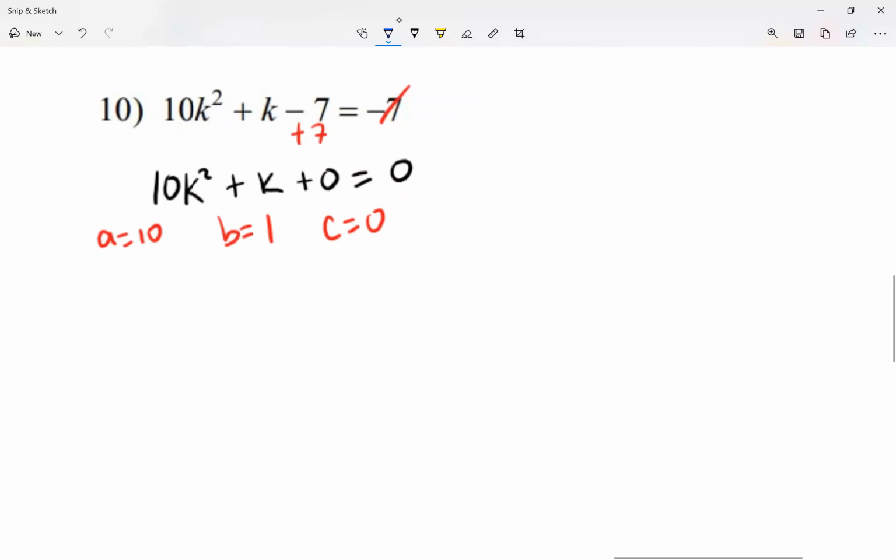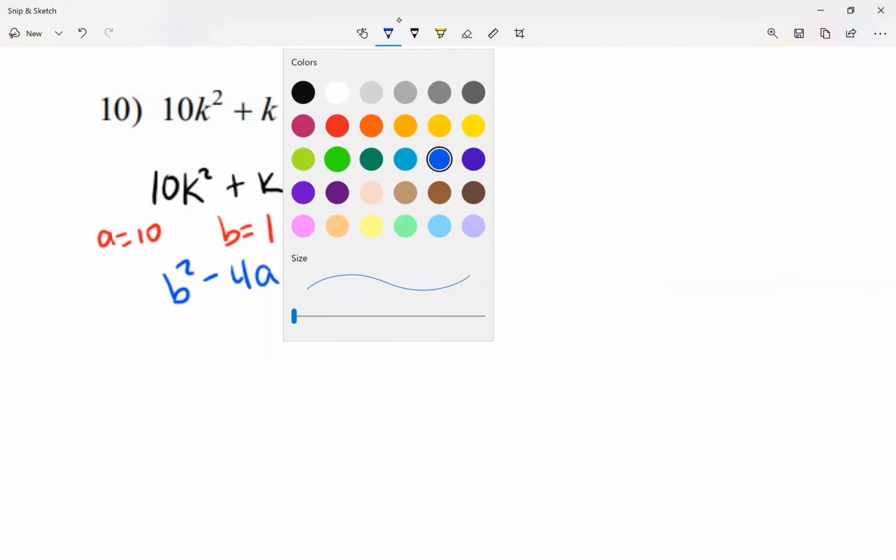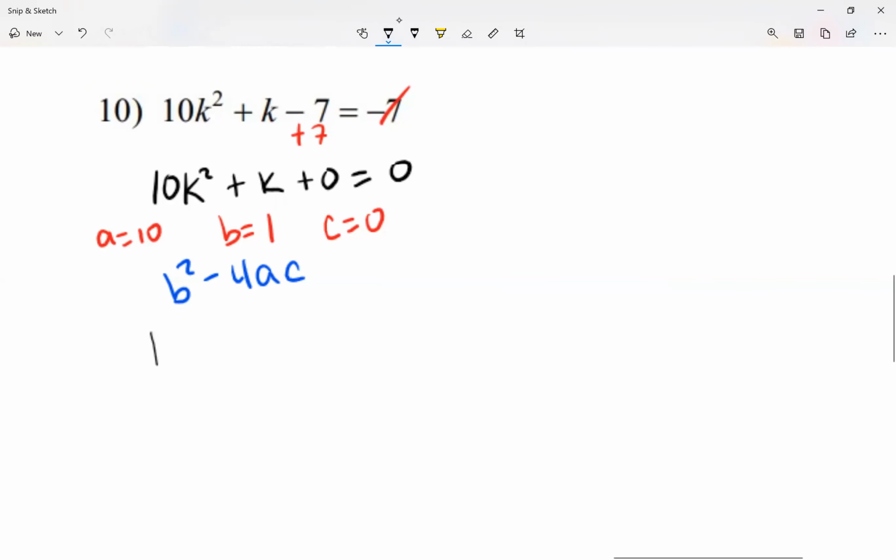And I remember for my discriminant, I'm going to go B squared minus 4 times A times C. So I'm going to say 1 squared minus 4 times 10 times 0. I know 1 squared is 1, right? So I have 1 minus, I might as well do the multiplication right now. 4 times 10 times 0 is 0.